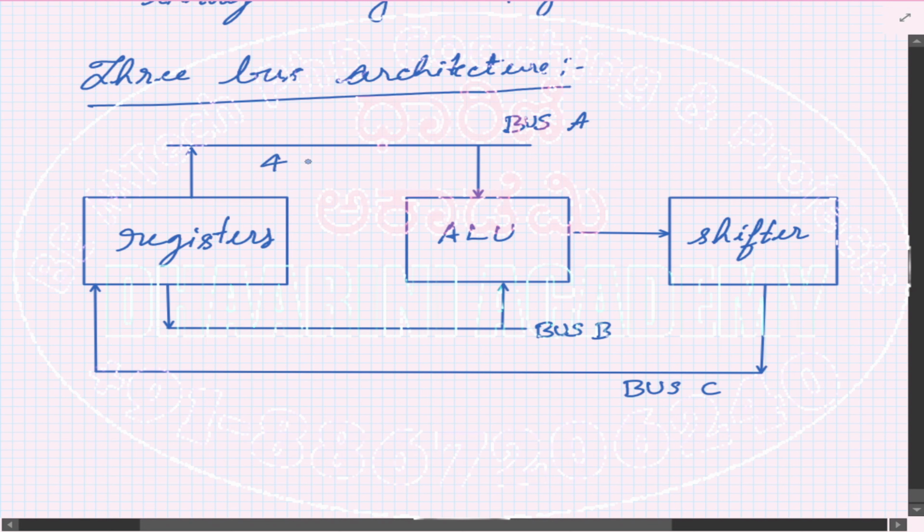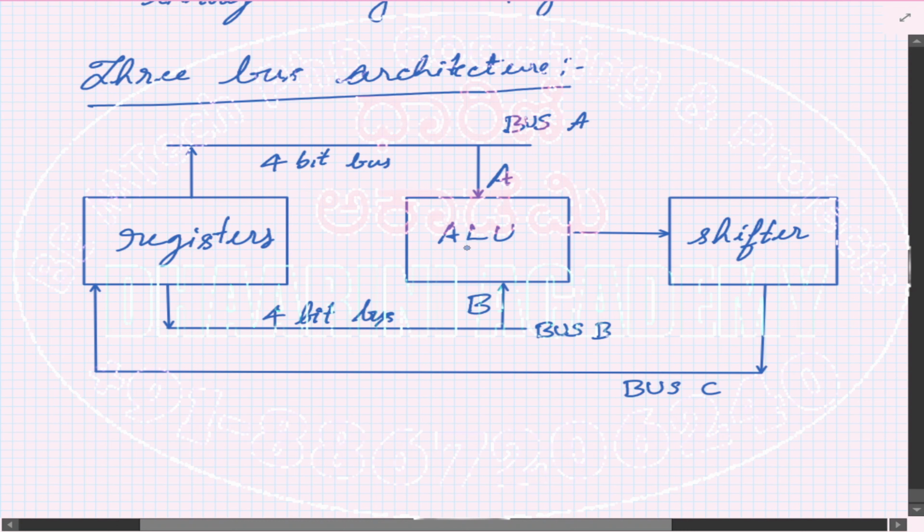So this will be a 4-bit bus. Using this 4-bit bus, one of the operands will go from registers to ALU. I'm going to call that A, and the second 4-bit bus is going to carry the operand B.